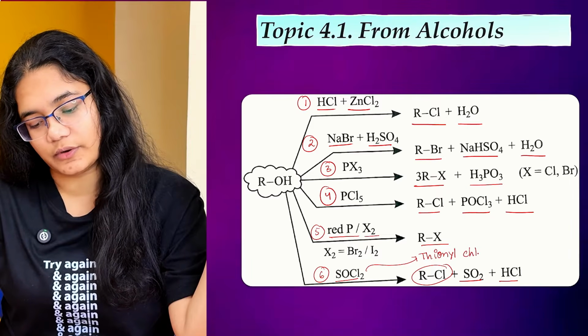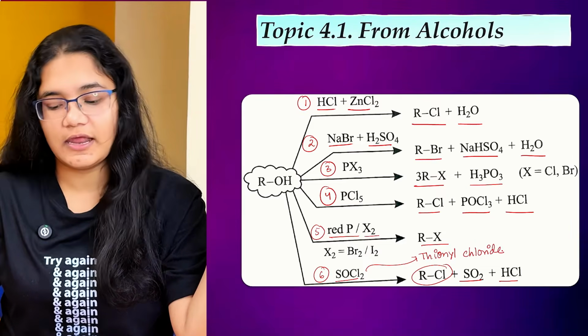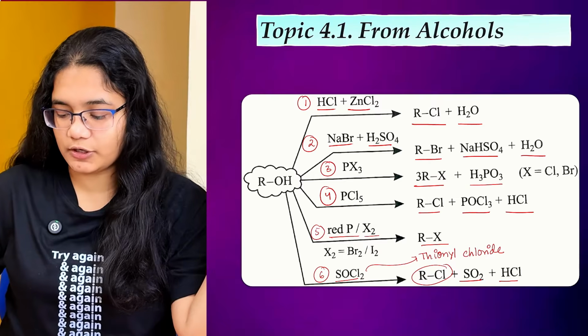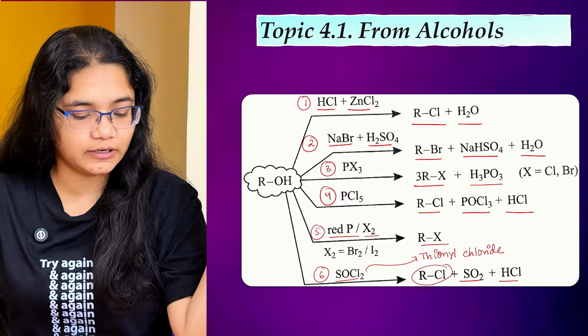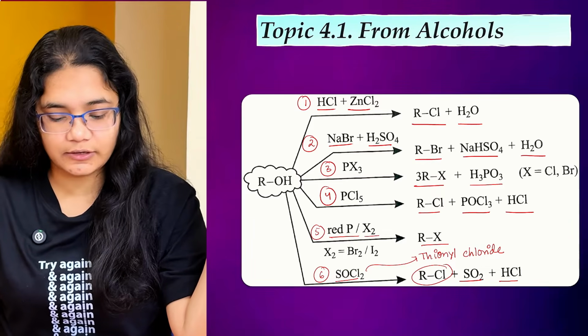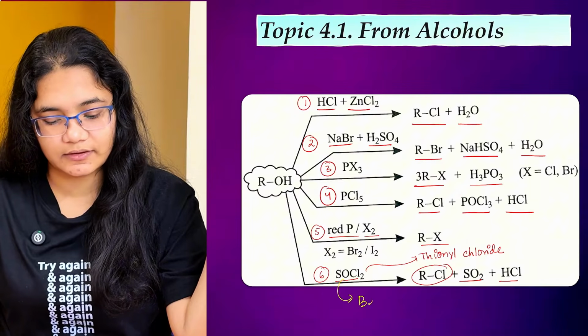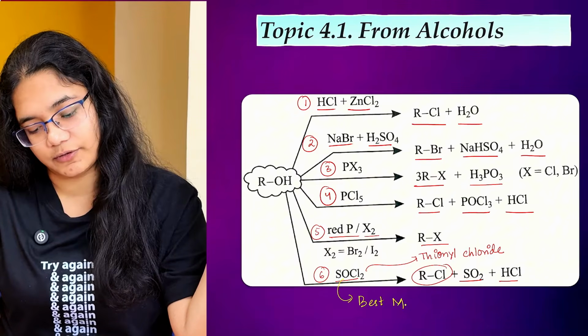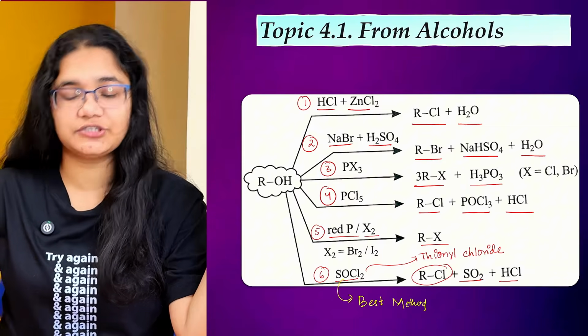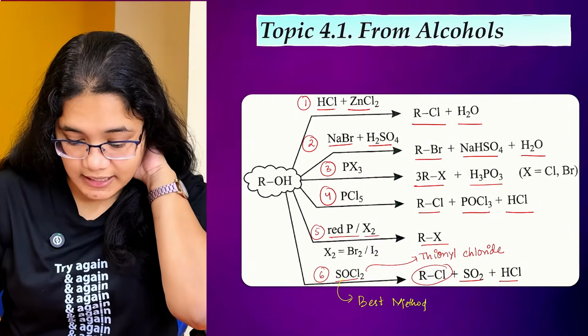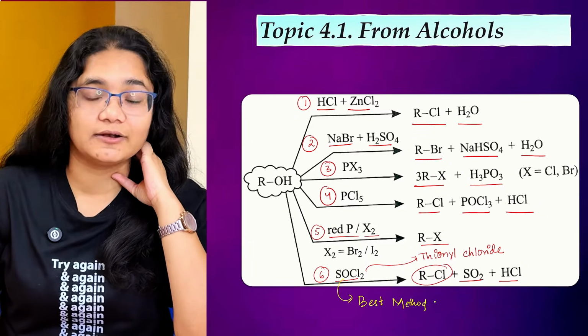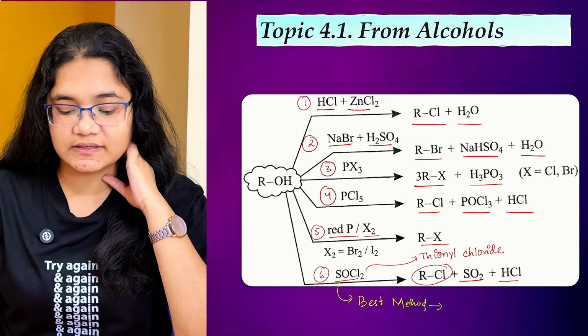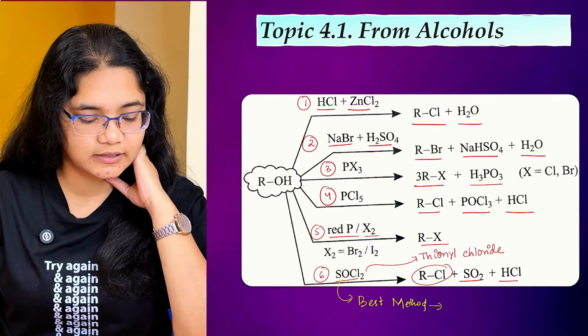Now, one very important thing that you should note is that this thionyl chloride is the best method for preparation. This question has been asked repeatedly: why is thionyl chloride the best method? It is the best method because of the byproducts. What are the byproducts?